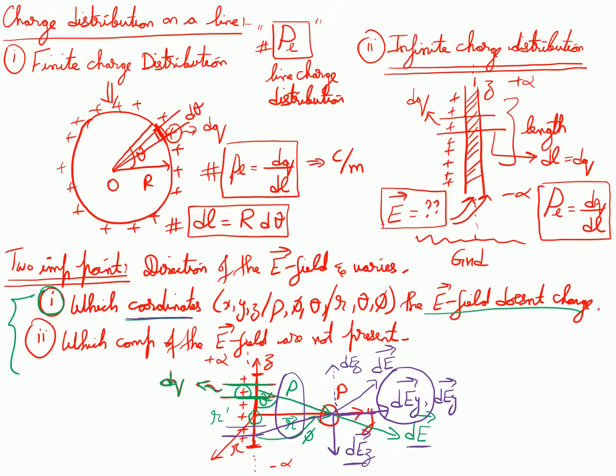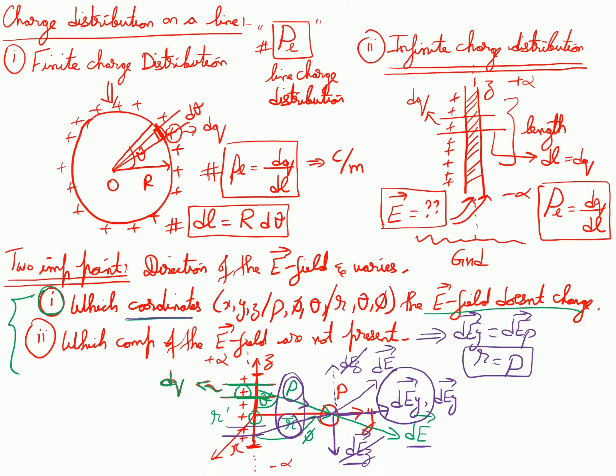Since this is a symmetric structure, these dEz components will cancel out, and hence the only component available will be along dEy, which we can term as dE rho, because the radial element is equal to the rho element. We can see from here that this rho, which is moving in the radial direction, is similar to this r, which is the position vector from point O to point P.